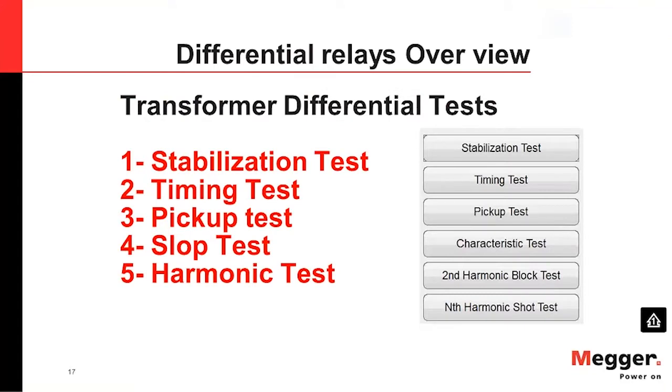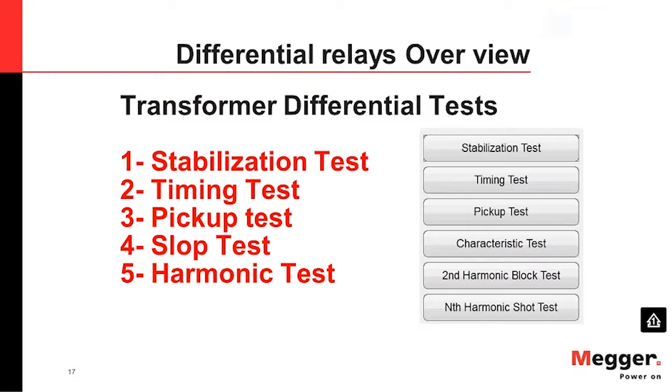So the first test will be the stabilization test, which is very important for each test engineer or maintenance engineer to know that my secondary side is stable, my connection is right, and the relay setting is right.